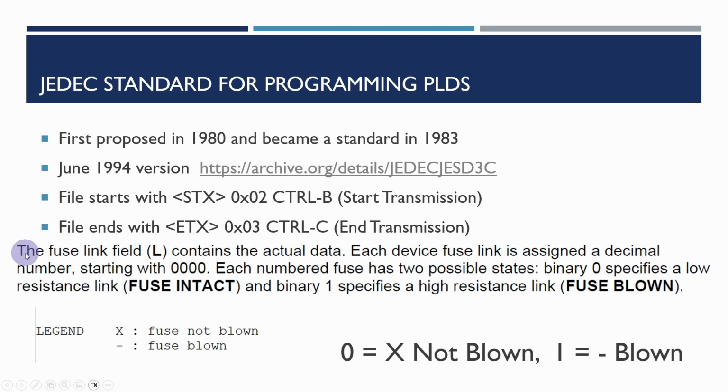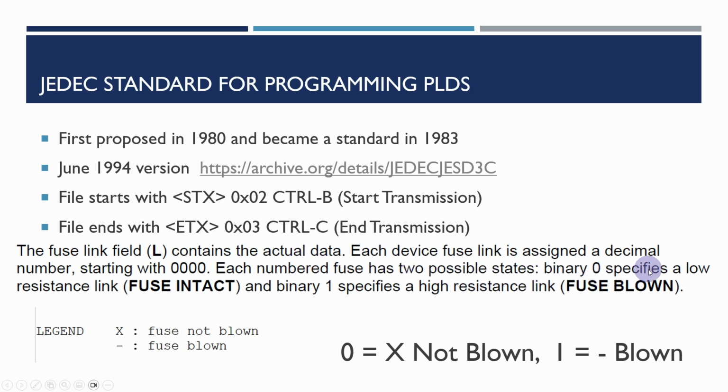So in that document it says the fuse link field L contains the actual data. Each device fuse link is assigned a decimal number starting with 000 that we've seen, and in some of the PLDs it does actually need to go above 4 digits. Each numbered fuse has two possible states.